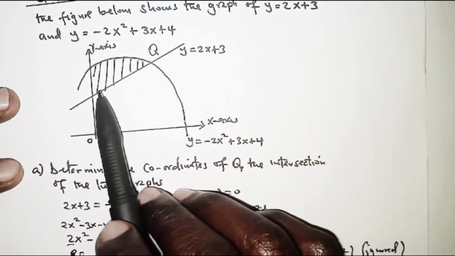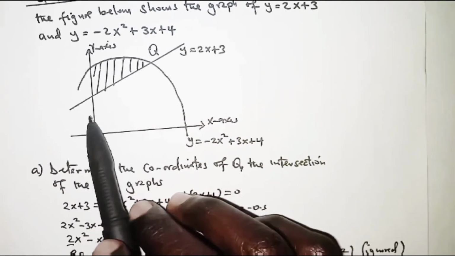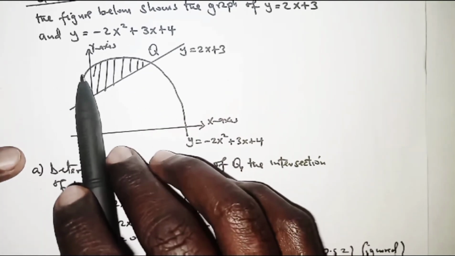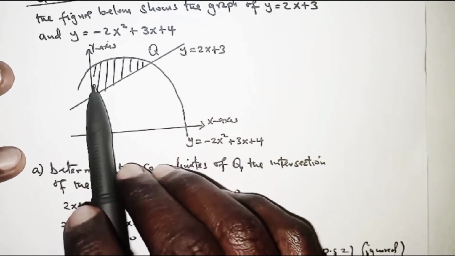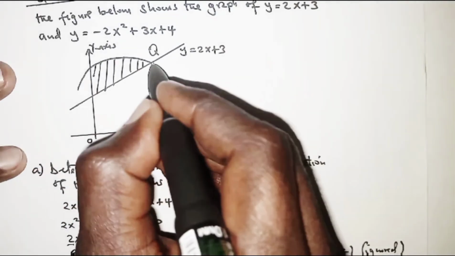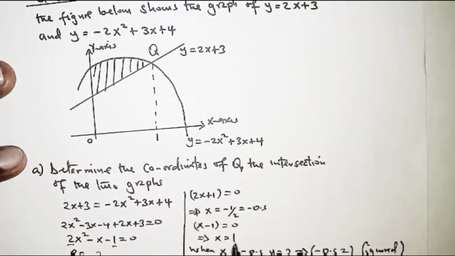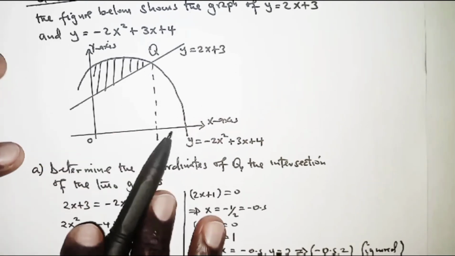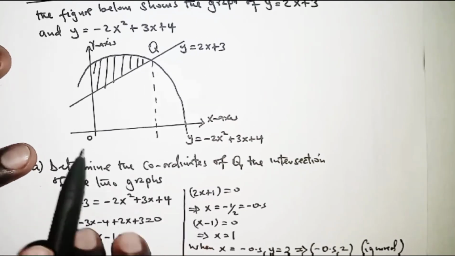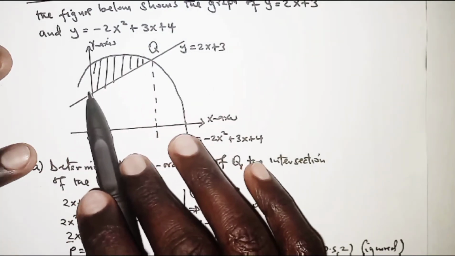If the straight line were above the curve, we'll do it the other way, area under the line minus the curve. Here, because the curve is above, we are going to subtract. The curve is above between 0 and 1, since the x coordinate for point Q we had gotten as 1.